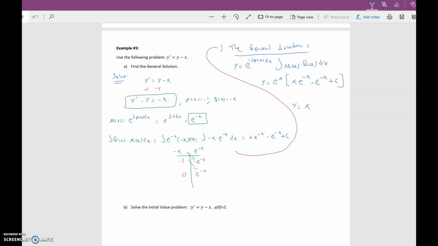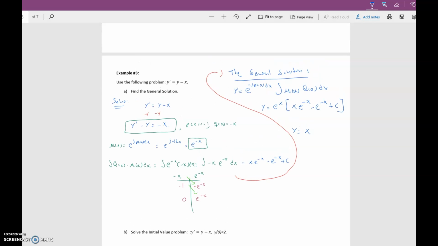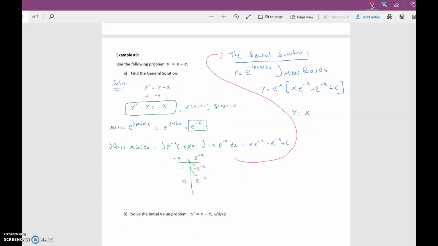Hold on, I did this part incorrectly, so it's minus minus, so technically that's going to give us a plus here. So we're looking at x plus 1 plus e to the x times c.